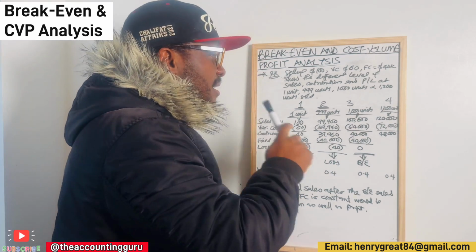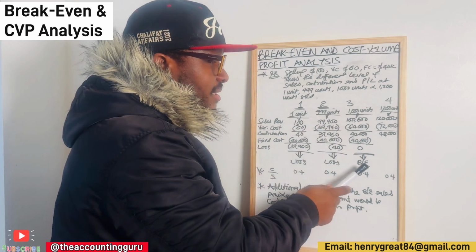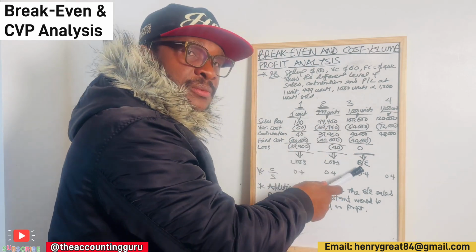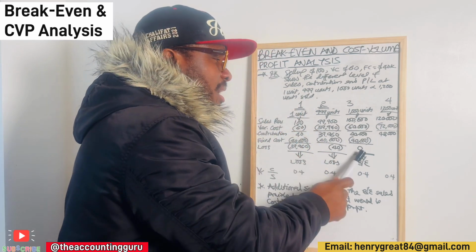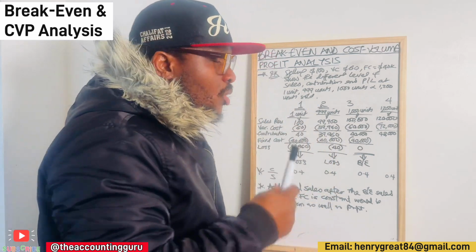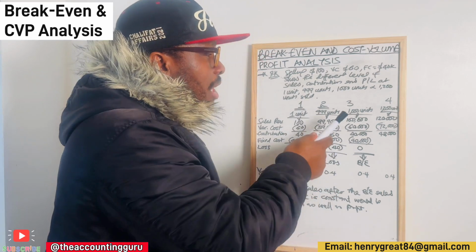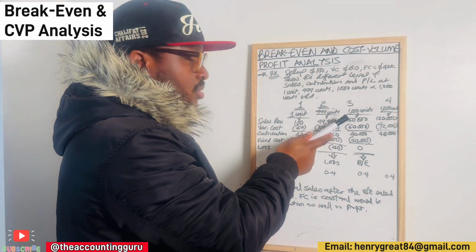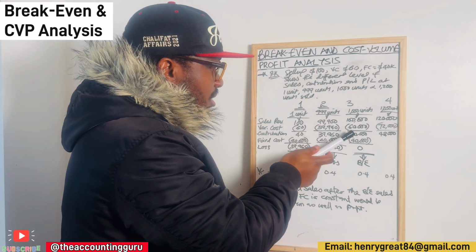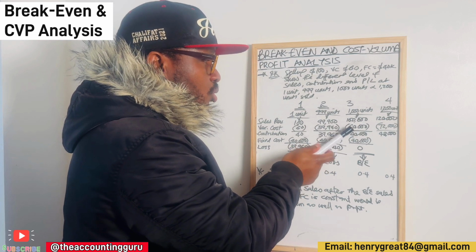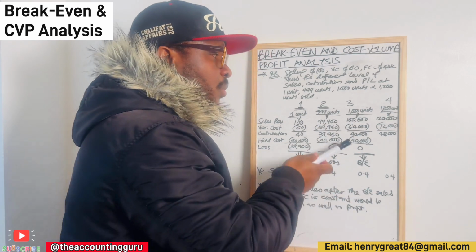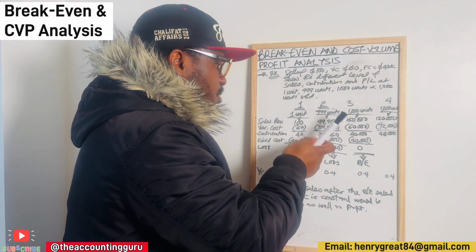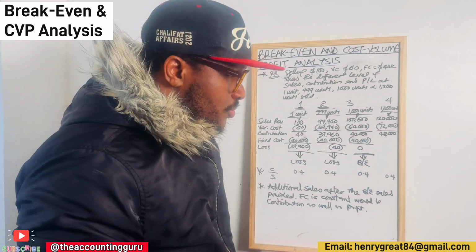Look up in level 3. You will discover that there is a break-even here. And why is there a break-even? We are having 0 as profit. Why are we having 0 as profit? Our total sales is 100,000. Total cost is also 100,000. Again, if contribution is 40,000, fixed cost is what? 40,000.